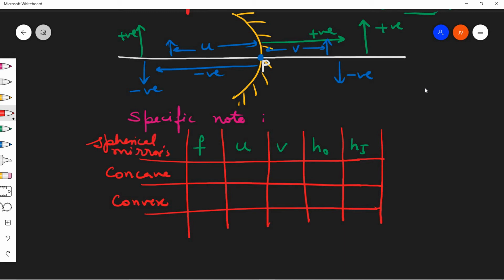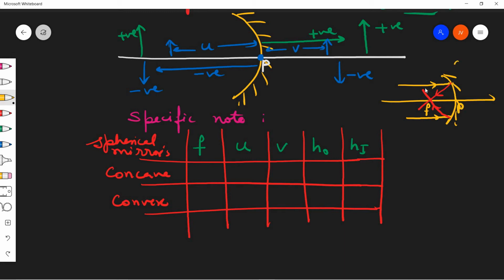Okay, so now just quickly recapitulate. In case of concave mirror, the parallel beam of light rays after reflection were converging to a point on principal axis, which is known as the principal focus.